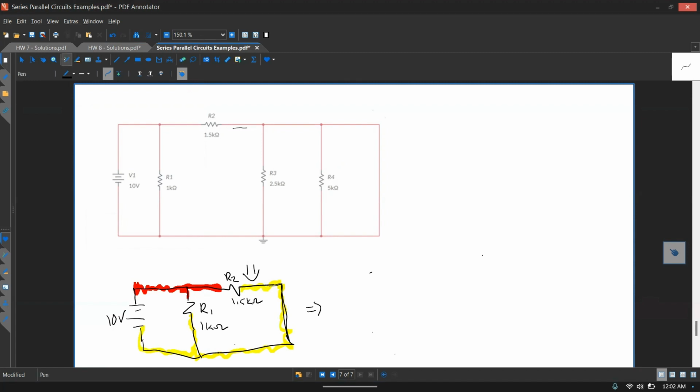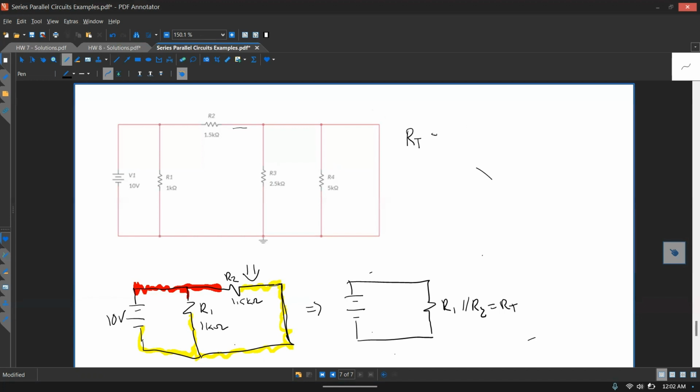So therefore they're in parallel. Once we combine those two together, we'll have one resistor, which will be R1 in parallel with R2, which equals R total.